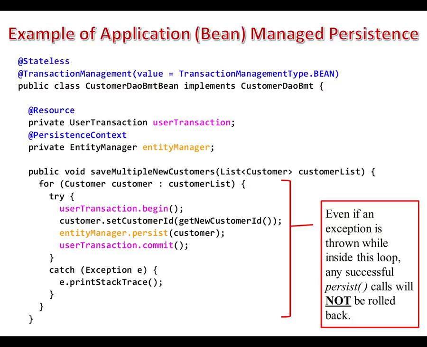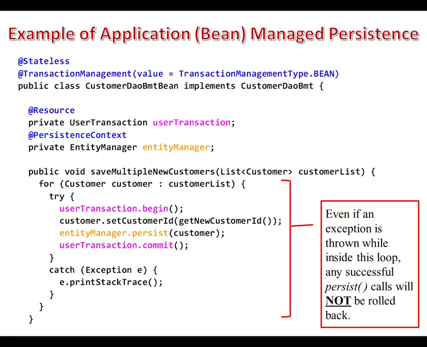So here you'll see this is slightly different. It looks similar. Again, this is actually inside of an EJB, a stateless session bean. Notice the transaction management annotation. That's where we have to say this is not the default. Resource is another injection type.